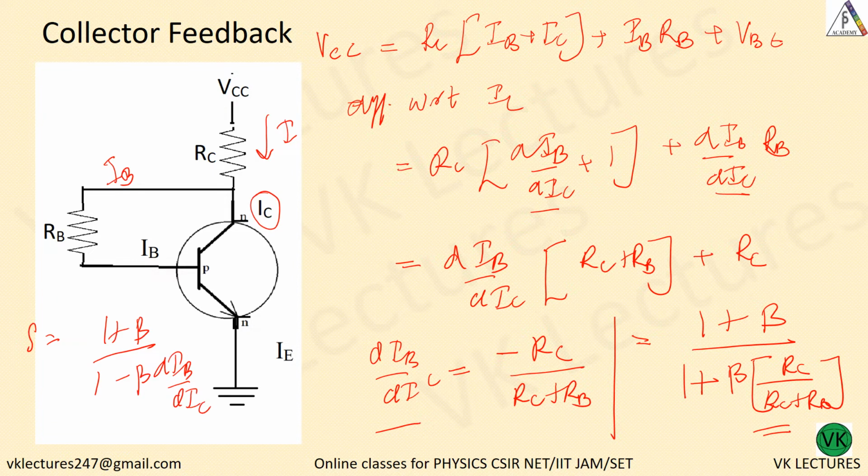Now you see in the previous case what you got is RE divided by RB plus RE, that is for emitter bias. Emitter bias means resistance through emitter. It depends on RE. Now you have got collector feedback. It depends on RC.